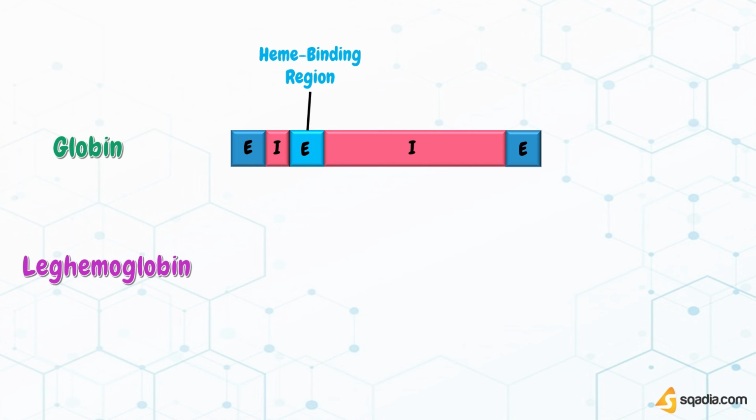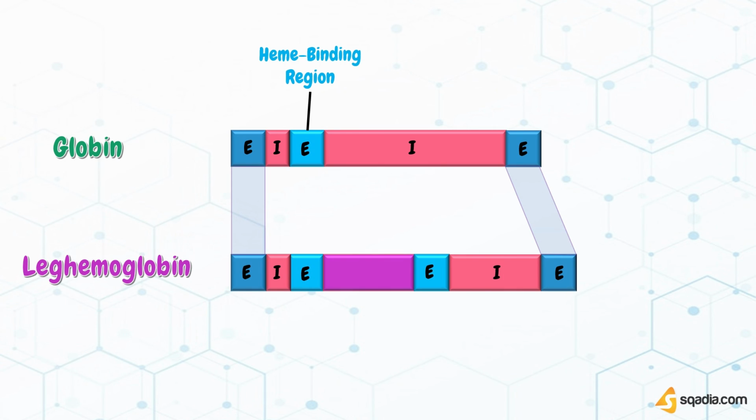Leghemoglobin genes contain 3 introns, the first and last of which are homologous to the 2 introns in the globin genes. This remarkable similarity suggests an exceedingly ancient origin for the interrupted structure of heme-binding proteins.